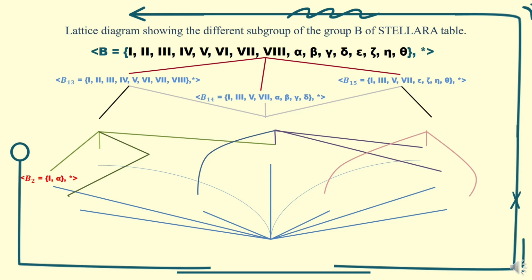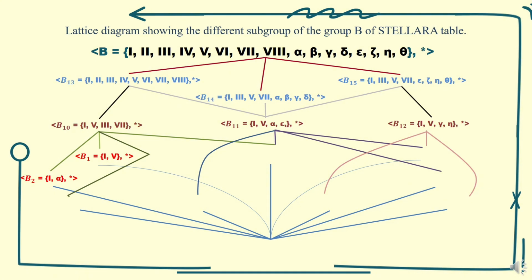So we have 3 subgroups that contain 4 elements in this table. B10 is equal to the set of 1, 5, 3, and 7 under the binary operation star is a proper subgroup.